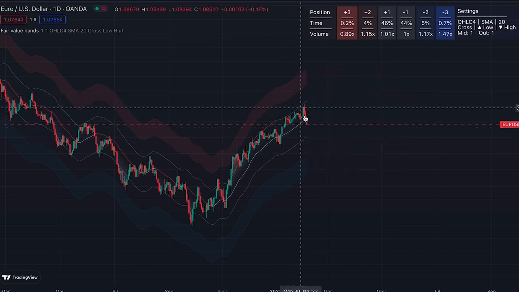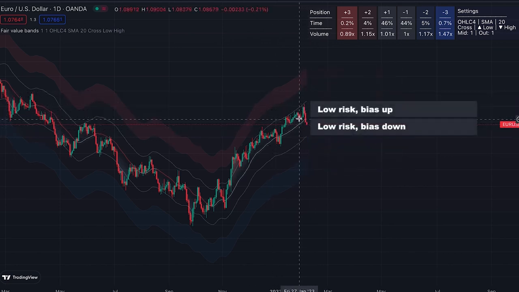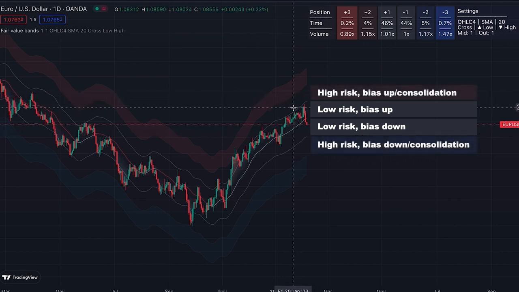For the fair value area, the area above the moving average line is considered low risk and the bias is up, and the area below the moving average is also considered low risk, but here the bias is down. For outside fair value, this area, which is between the first band and the second band, it's considered high risk and the bias is up or consolidation.